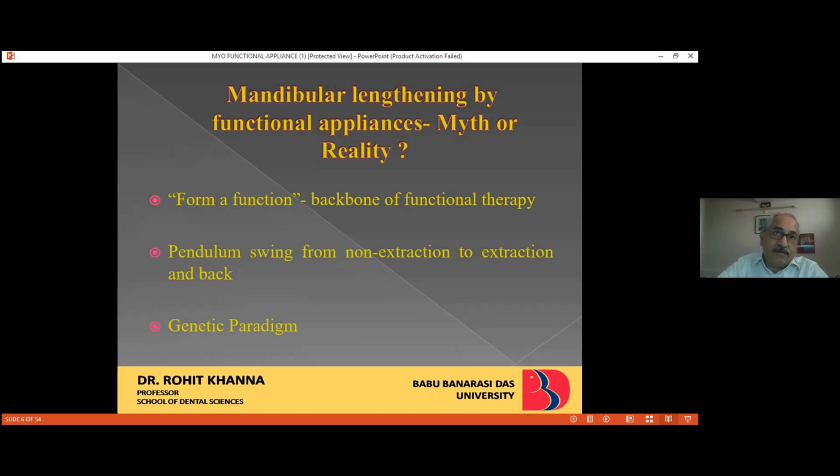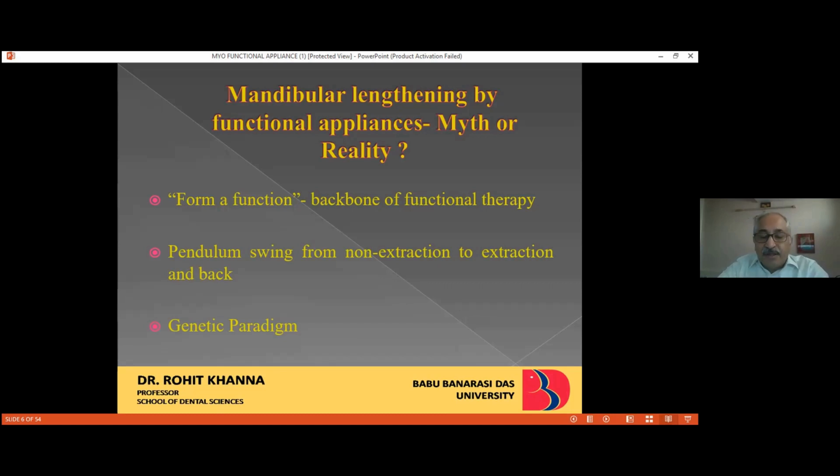Initially, in Edward H. Angle's time, non-extraction was predominantly practiced, and later there was a shift to extraction. And now again in the present era, say up to 1990, there is again a paradigm shift towards non-extraction treatment options.